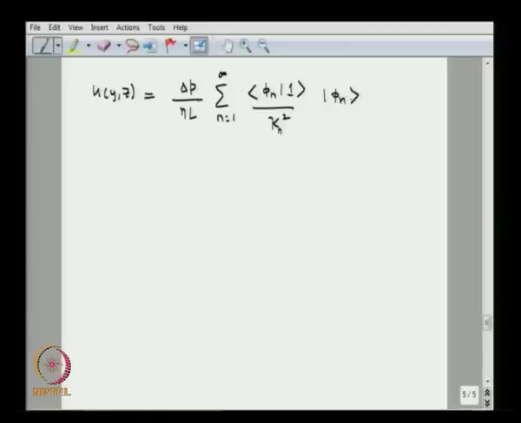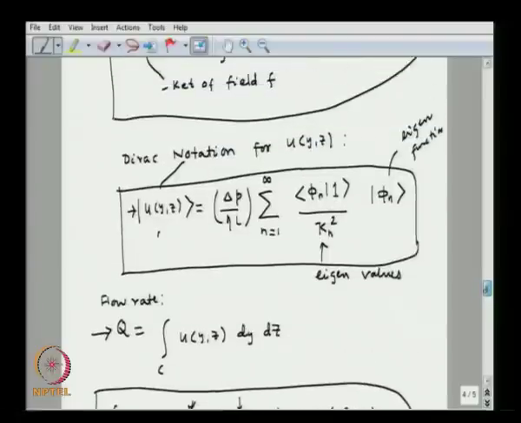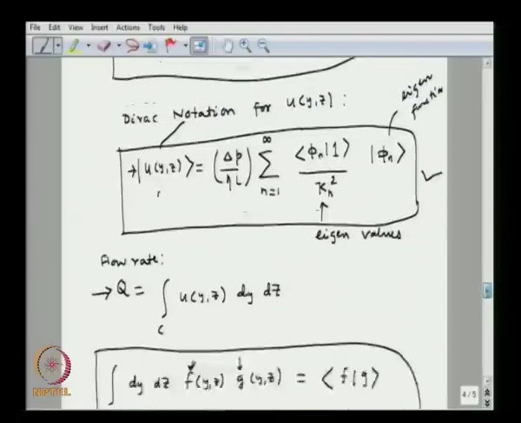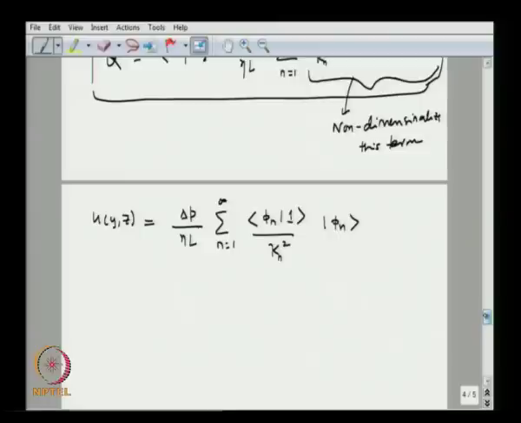This is what we know from here, right. So, if you look at the unit of each of these terms, this is meter per second, okay. Delta p is Newton per meter square, and eta is Pascal second, right. So, Newton per meter square will go here into second, and L will be meter.